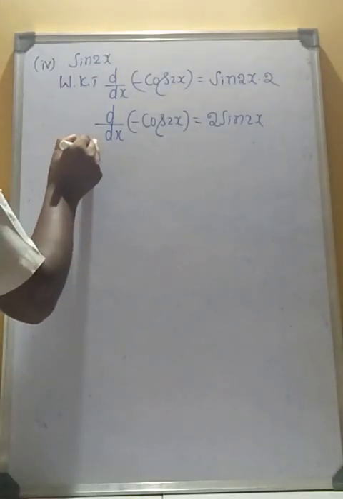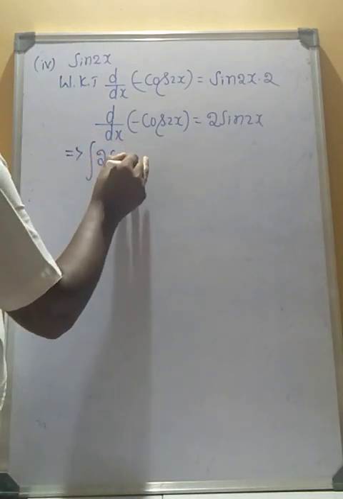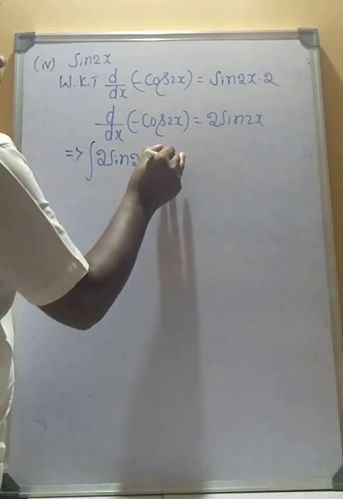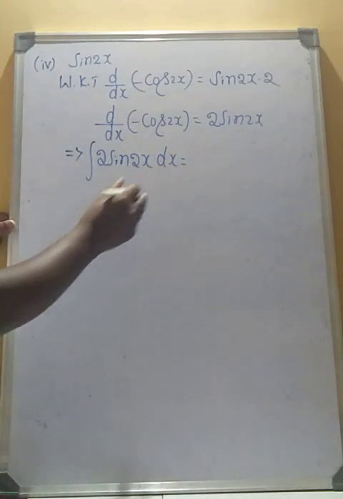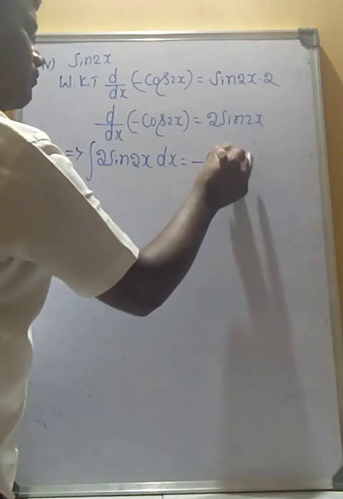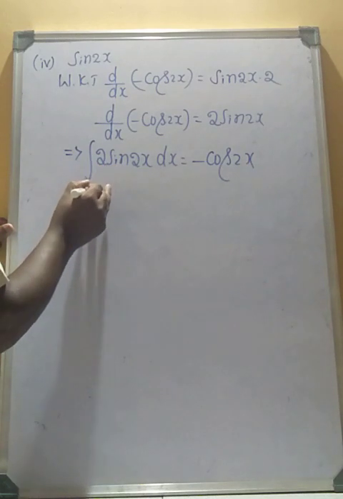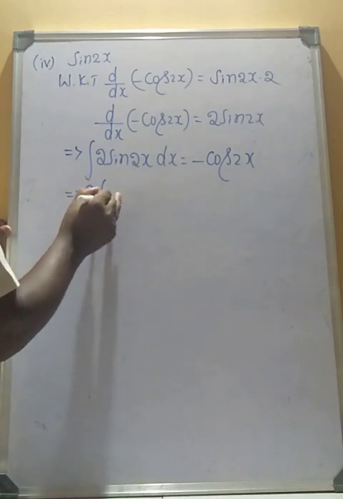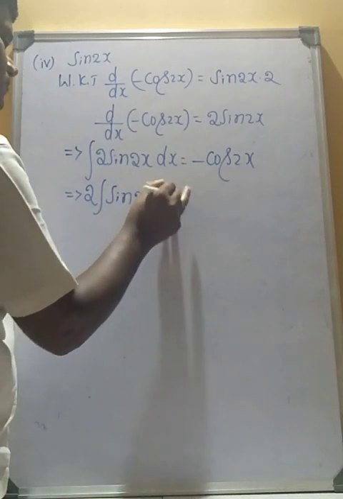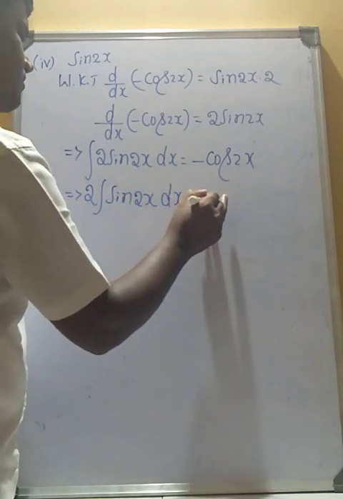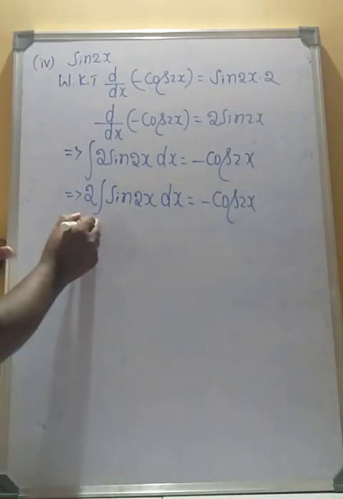This implies the integral of 2 sin 2x dx is equal to minus cos 2x. Again this implies, taking the constant outside, 2 into the integral of sin 2x dx is equal to minus cos 2x.